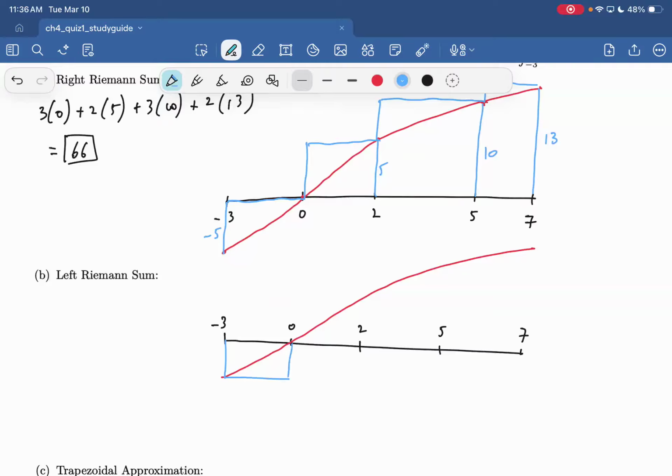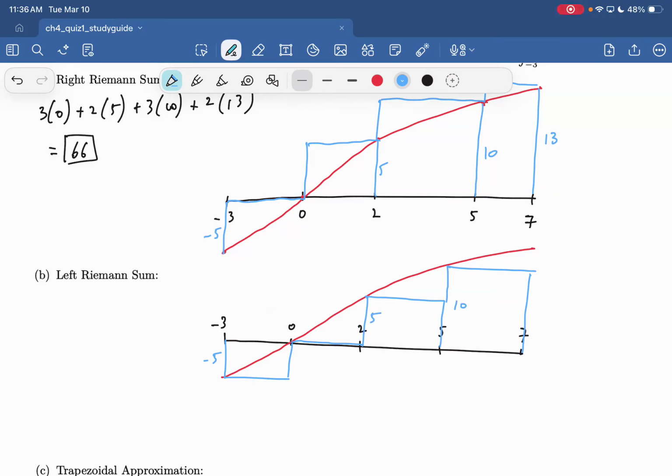So we're looking at these rectangles now. For all these rectangles, the height is defined by the left side of the interval. And so this height is -5, this height is 0, this height is 5, and this height here is 10.